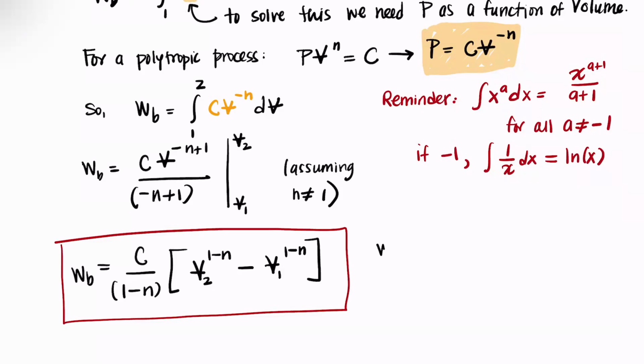And it's also important to note that we have C is equal to P V to the n. And we can compute that using either our state 1 or state 2, because they're the same. They'll always give you the same constant.